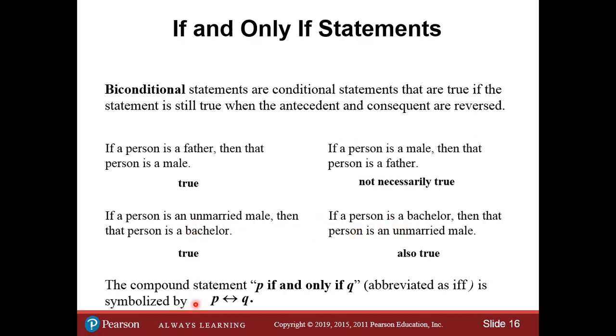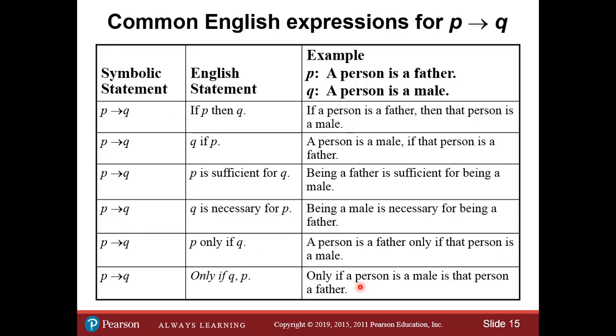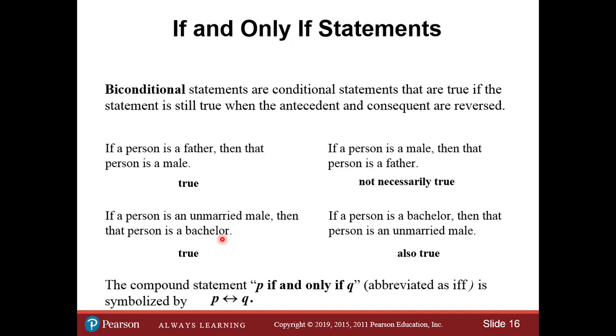Okay, so we say P if and only if Q. So we say only if Q, right? So let's put it back here. It says only if Q, P only if Q, right? So P if and only if Q. So here's the if, right?